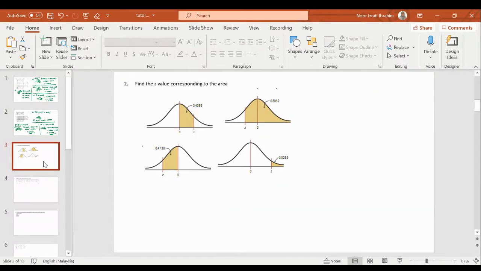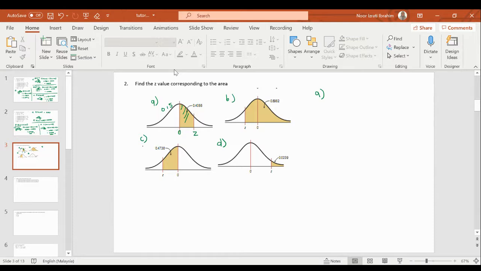Question number 2, to find the z-score, and the value given is not the value of probability. So let me name this as A, B, C, and D. We do first for the A. For the A, probability from 0 to this Z is given as 0.4066. And we know that the left side of the 0 is 0.5 because total probability equals 1. 0 is in the middle.